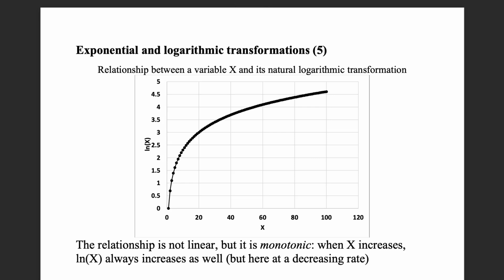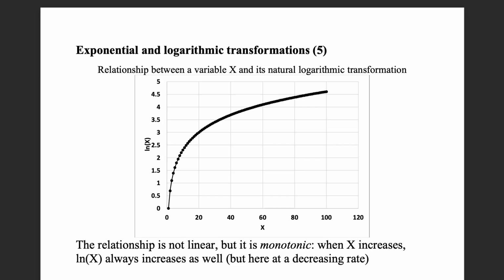We see that the steps in which the logarithm of x increases are not always equal for every step on the x-axis. But it is still a monotonic relationship, meaning that if x goes up, the natural logarithm of x also always goes up.